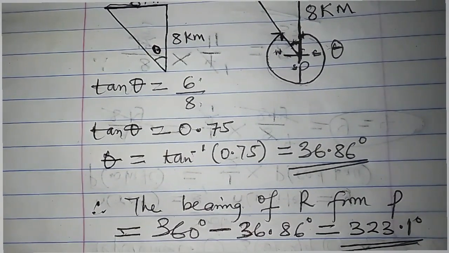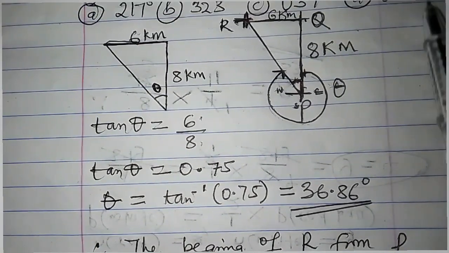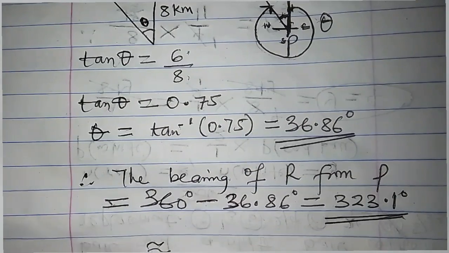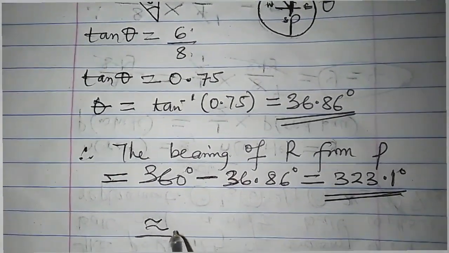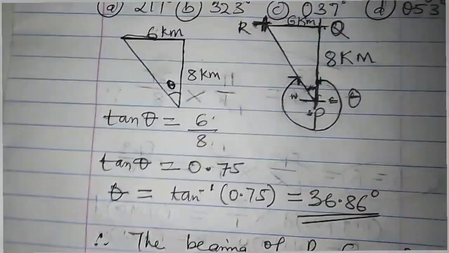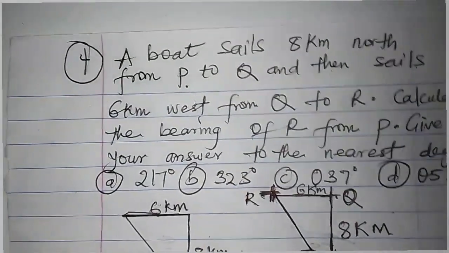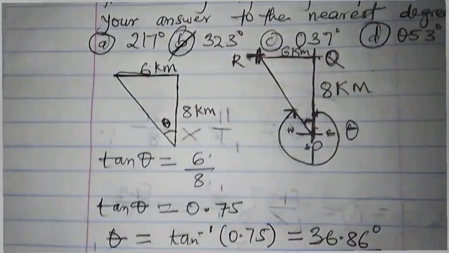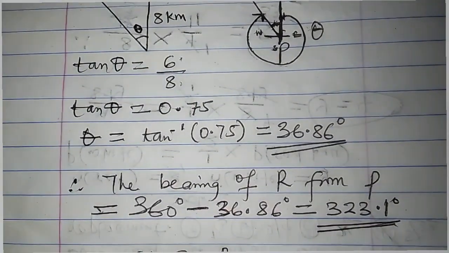So the question says to the nearest degree, so it's simply approximated to 323 degrees. And I can see that under option B. So that gives us the correct answer to this very question. So we'll move now to question 5.